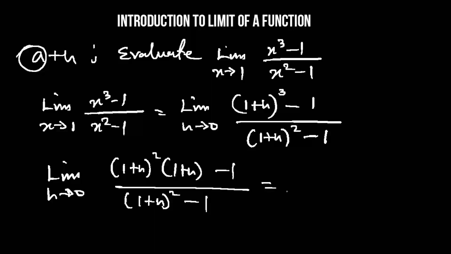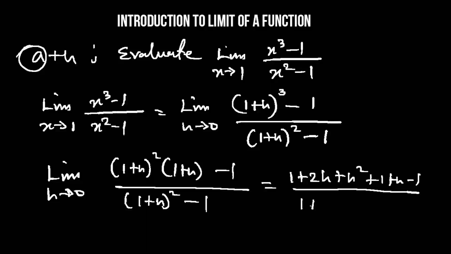By the time I expand this, I'm going to have 1 plus 2h plus h squared, then plus 1 plus h minus 1, divided by 1 plus 2h plus h squared minus 1. So this and this would cancel, and 2h plus h gives us 3h, and that's 3h plus h. So this is supposed to be h.